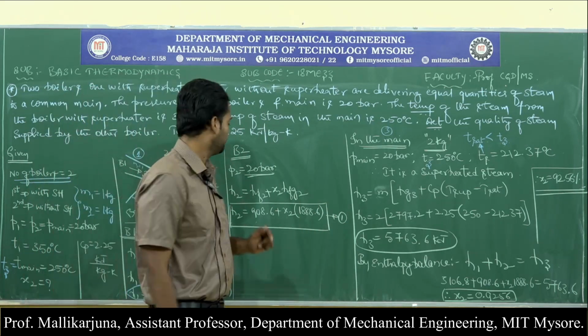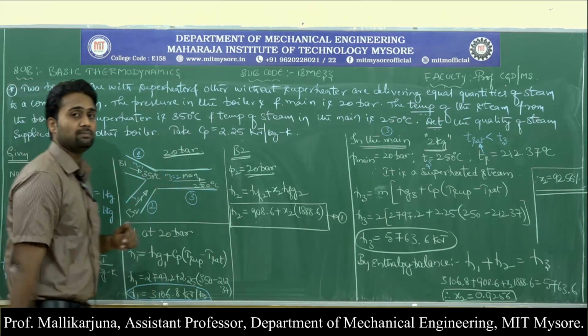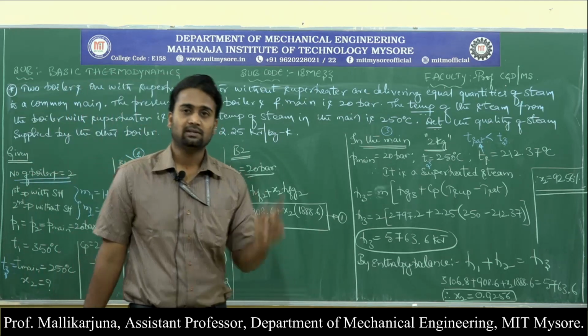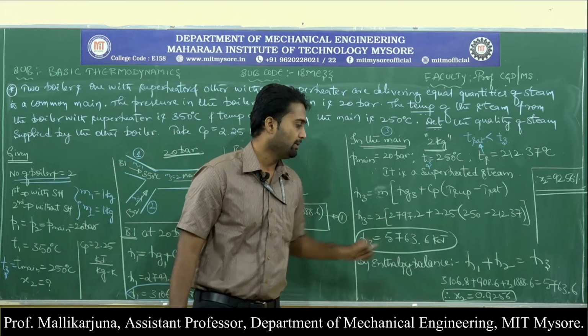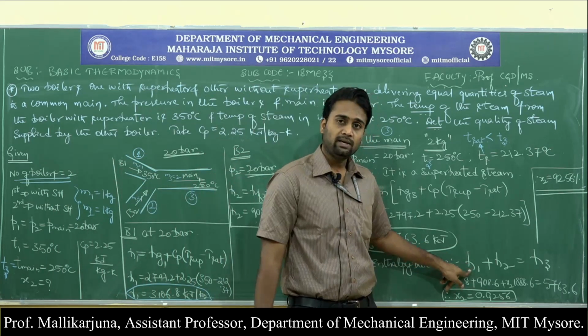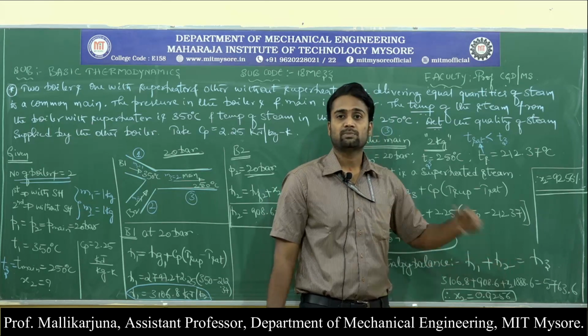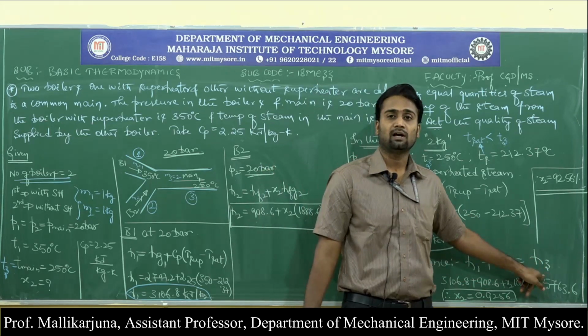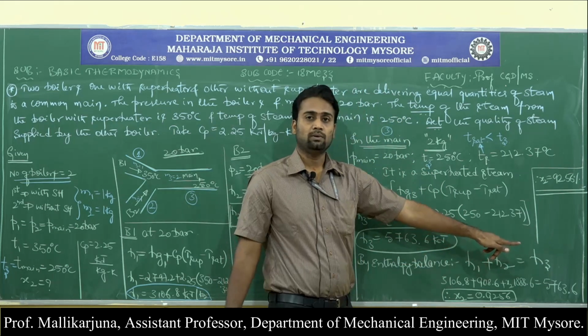Now the question is, what is the quality of the steam? We know the energy balance. In the same fashion, enthalpy should also be balanced. So if I do the enthalpy balance, enthalpy of the steam which is present in the boiler 1 plus enthalpy of the steam which is present in the boiler 2 should be equal to enthalpy of the steam which is in the mains. So H1 plus H2 is equal to H3.